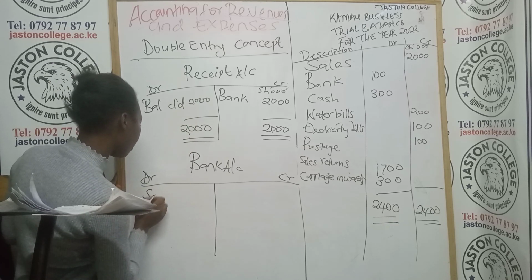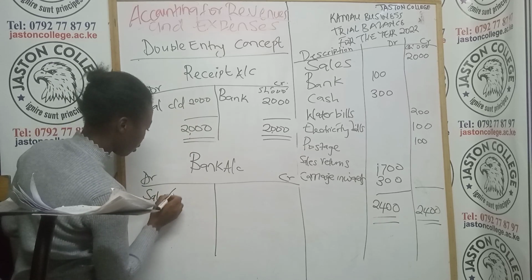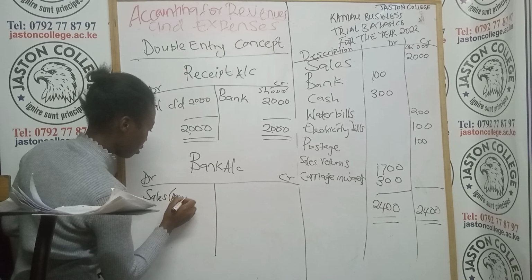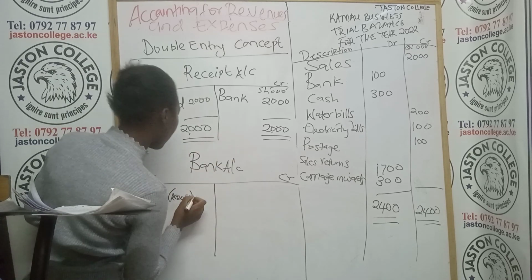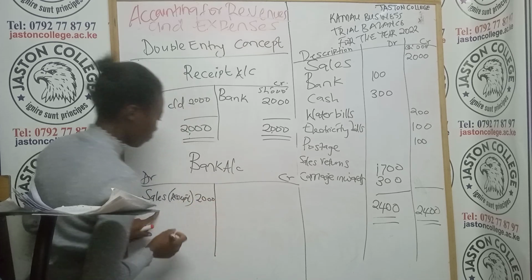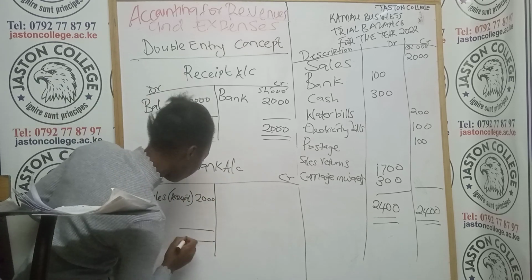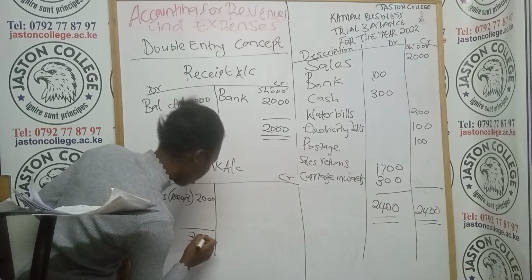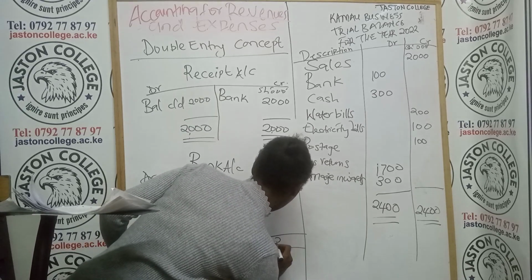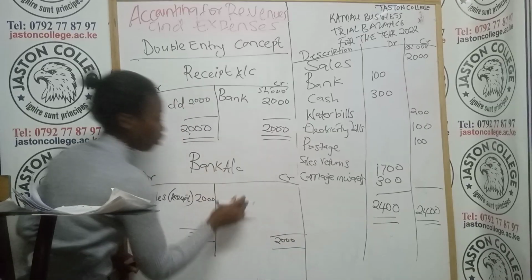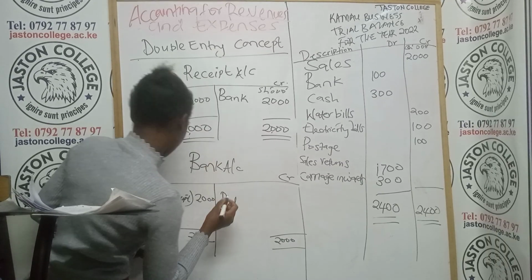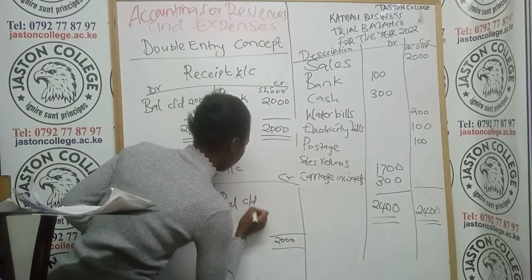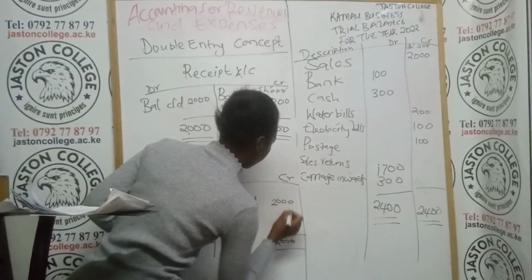Let's say the sales, or the receipts, increased by 2000. So on our credit side, we will have the balance carried down, which is 2000.